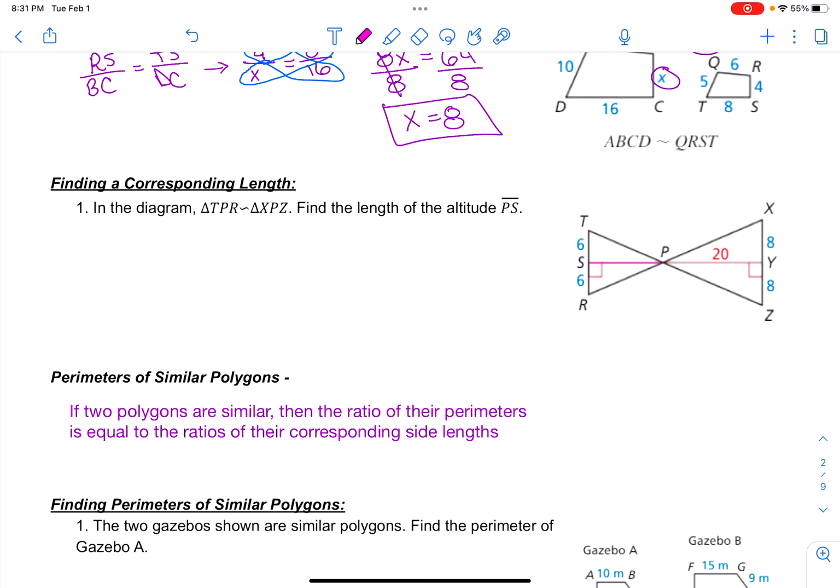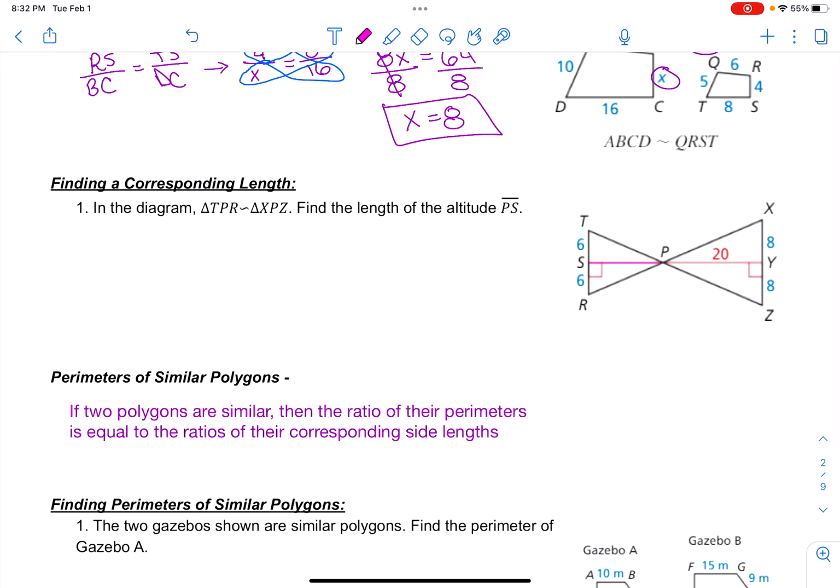So keep in mind that these two triangles have to be similar, right? So they have to have the same ratio. But it is the whole triangle, not these little triangles that they're split up into. The whole triangles are proportional. So let's look at this.